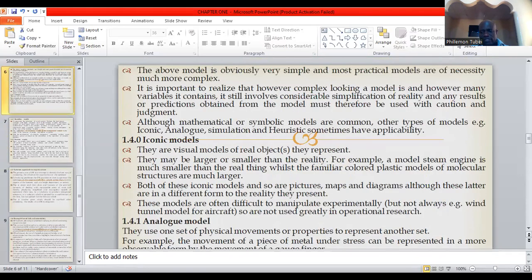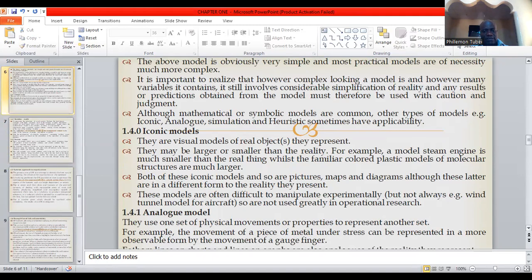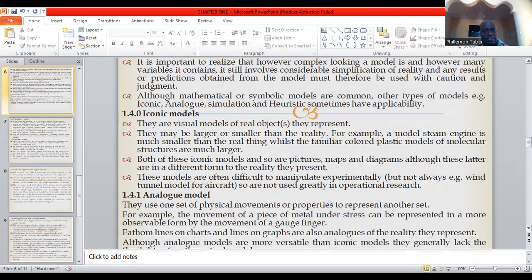So we are moving to analog models. The analog model is where one set of physical movements or properties is used to represent another set. For example, the movement of a piece of metal under stress can be represented in a more observable form by the movement of a gauge finger.